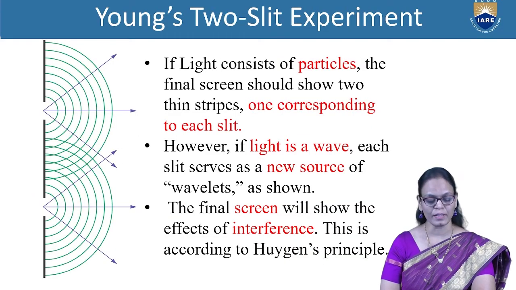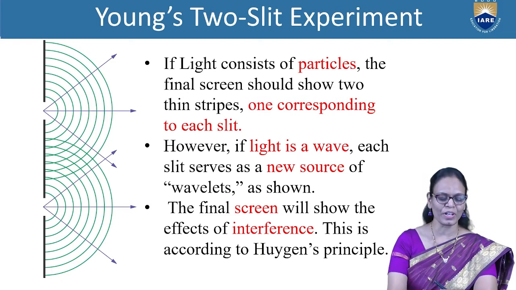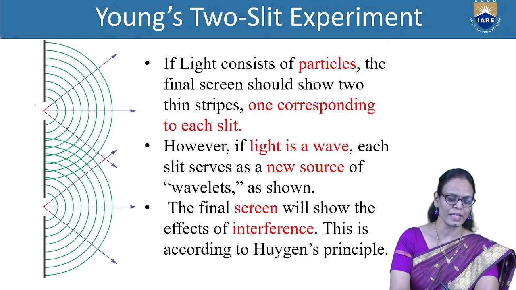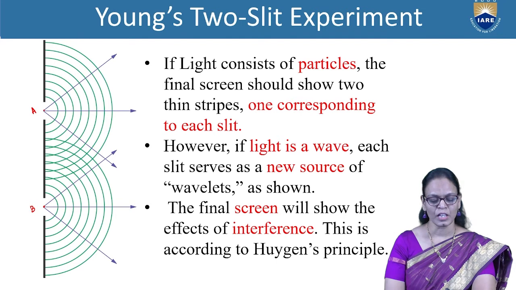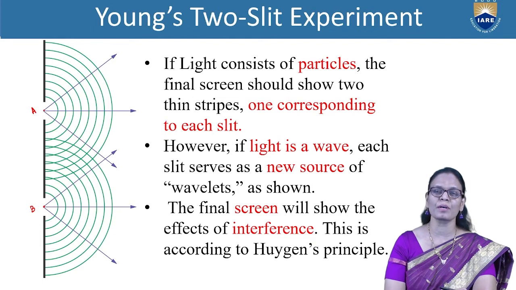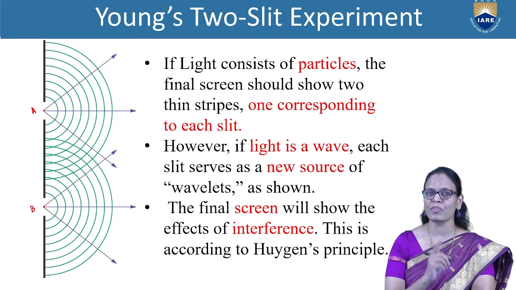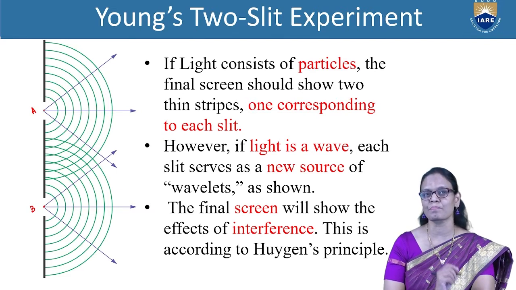Now let us understand what is happening here when light passes through these two slits. We are considering this is one slit and this is another slit, slit A and slit B. Now imagine if light consists of particles. We have had a long discussion about the nature of light, whether it is particle or wave, and we finally concluded that light exhibits dual nature, particle nature as well as wave nature. So first we will think about the particle nature. Imagine that light behaves as particles.